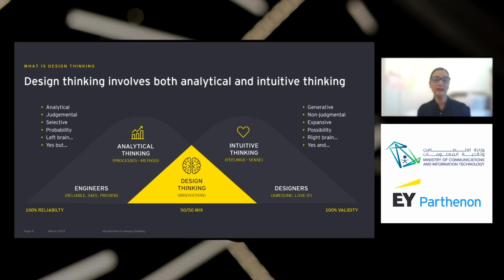Then there's, on the other side, the intuitive thinking, this idea of thinking about people's emotions, what motivates them, why do they do the things that they do, how do they behave? And then we bring in the element of design as well. So it's mixing this sort of left brain and right brain as well. And that's what's great about design thinking, it's in the middle of these two things. It's where innovation takes place.